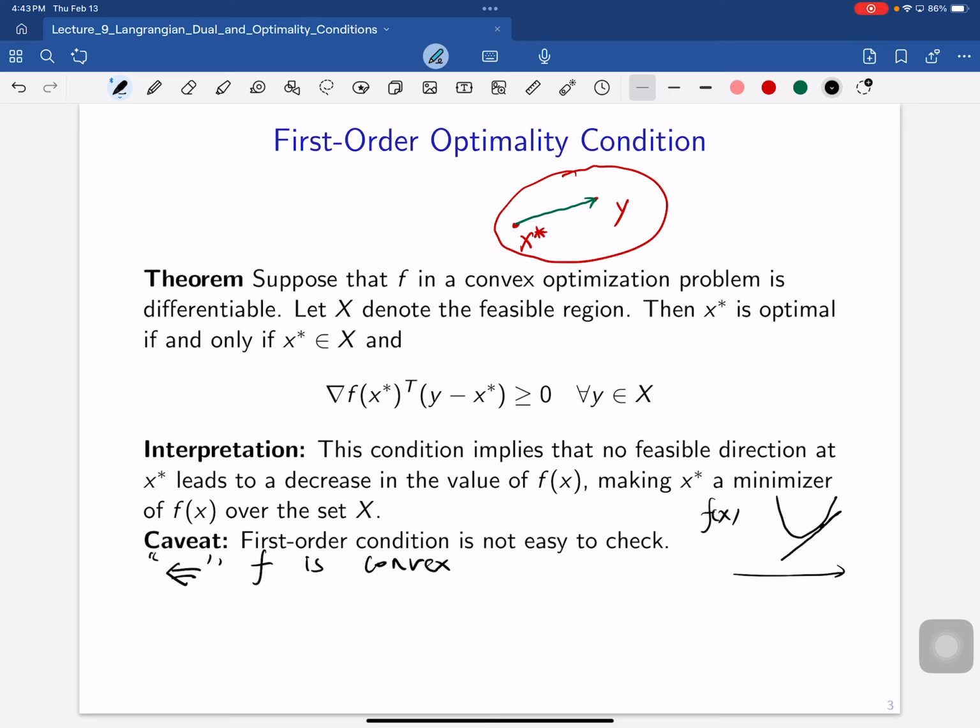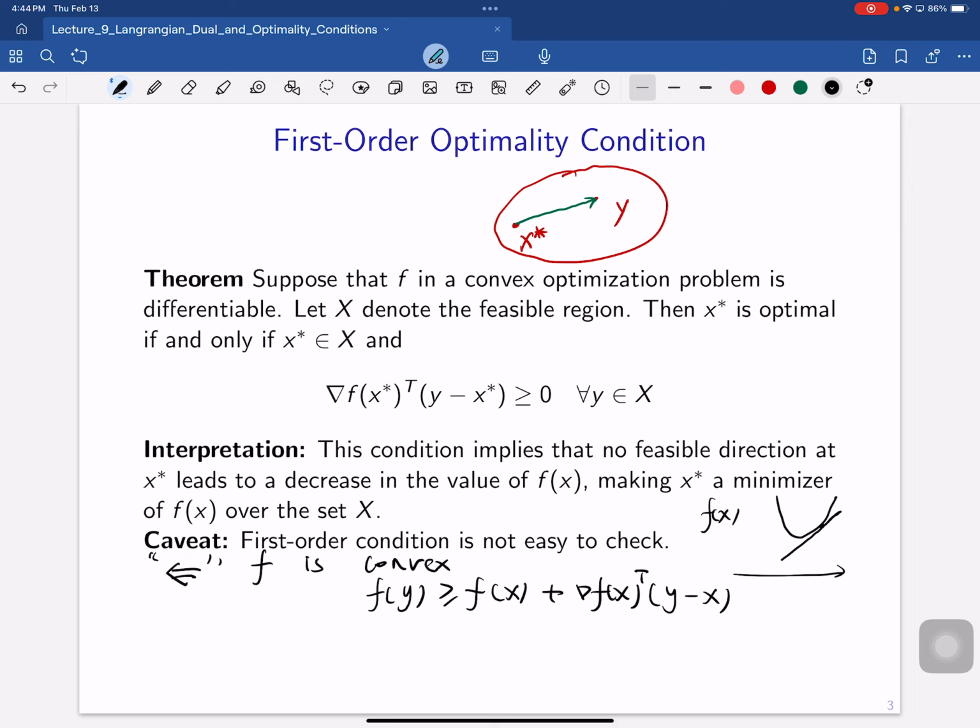So if f is convex, then we have f(y) greater than or equal to f(x) plus the gradient of f at x, times y minus x.